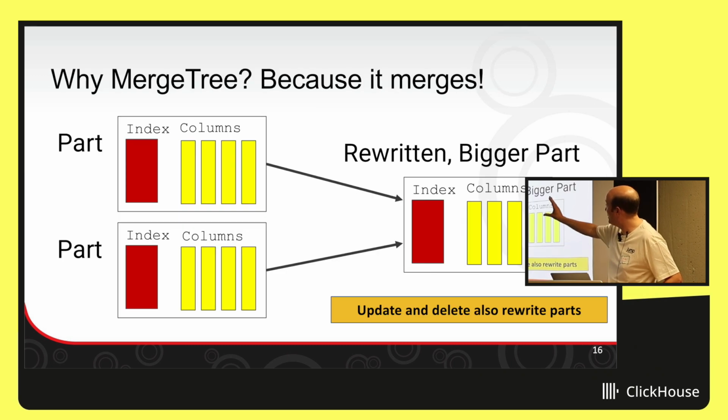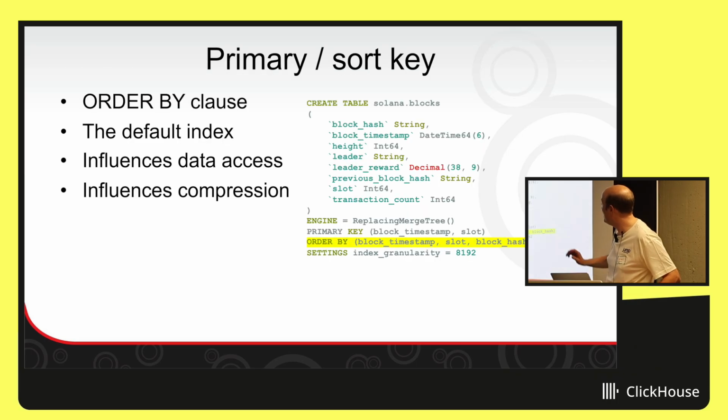So then the parts that are immutable are merged, and that's all. Bigger parts means less data on the file system, so it's essential.